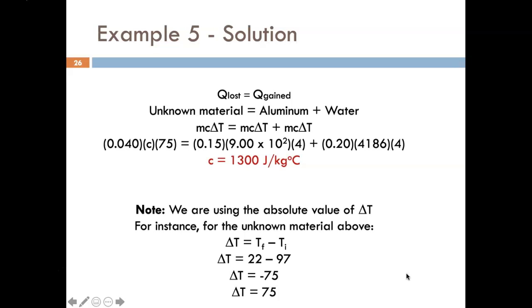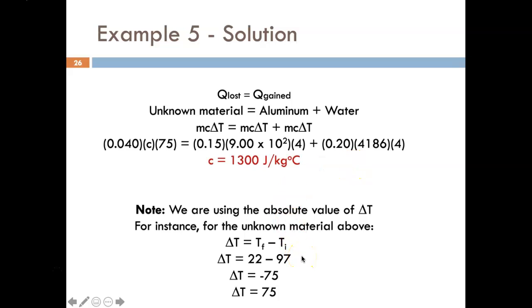So this is a material, mcΔT equals mcΔT plus mcΔT. Easy enough. You expand it, you put in your changes of temperature, and we are going to leave all of our changes of temperature as positive numbers. So it had gone down 75 is your ΔT, 4 and 4.